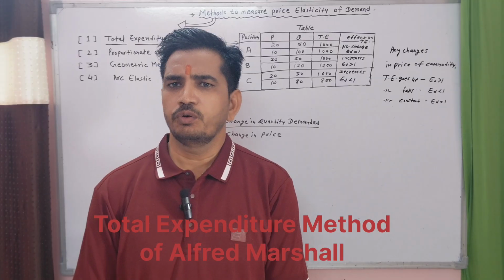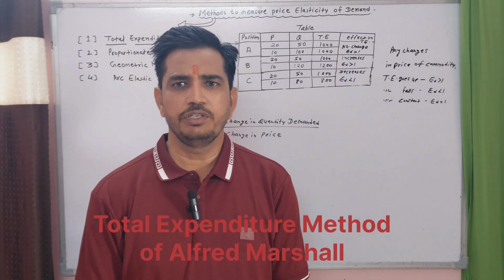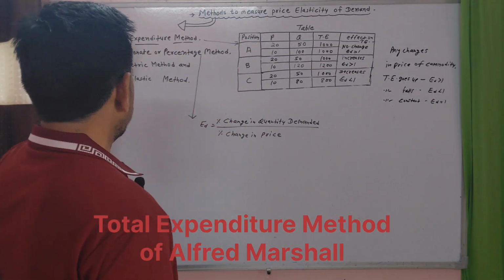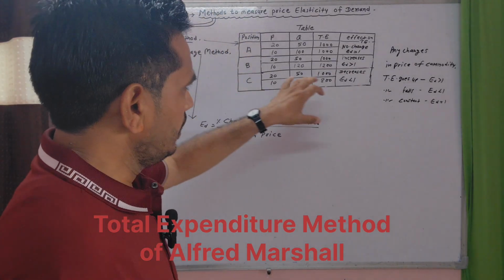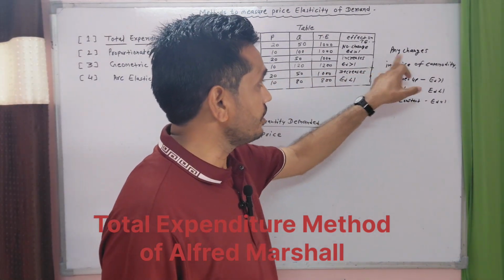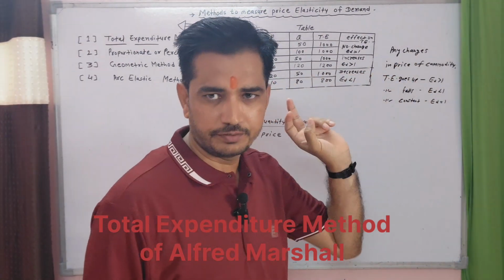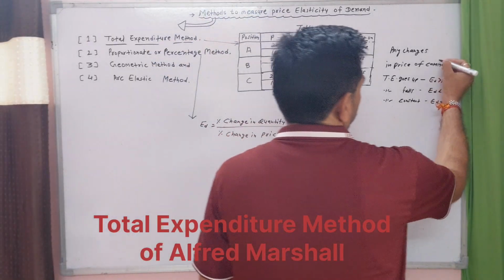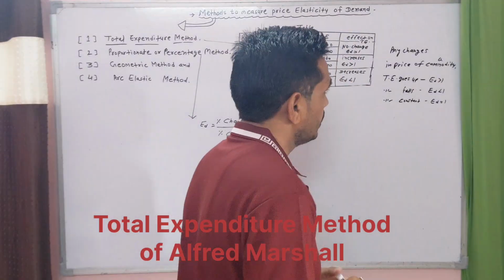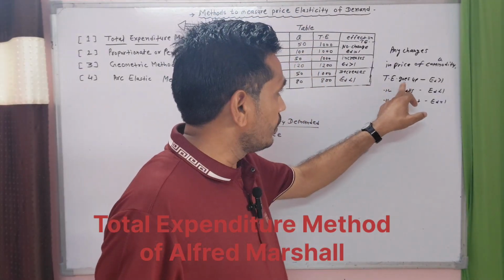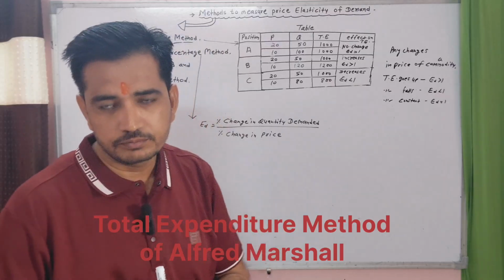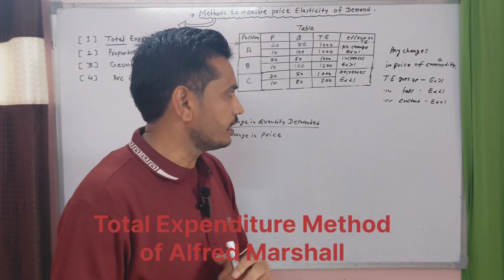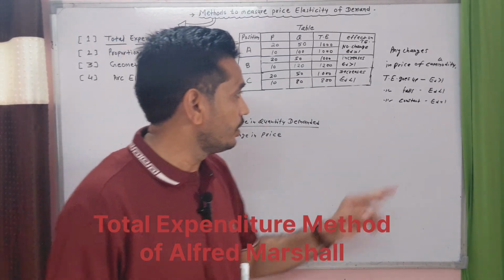What is the total expenditure method to measure elasticity of demand? In this method, if there is any change in the price of a commodity and total expenditure goes up, then the elasticity of demand will be more than one.